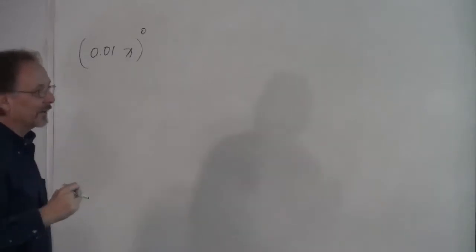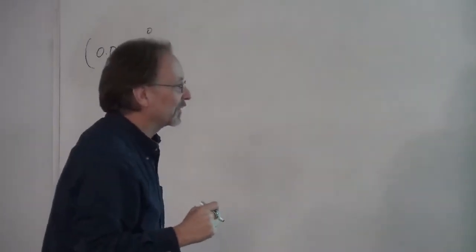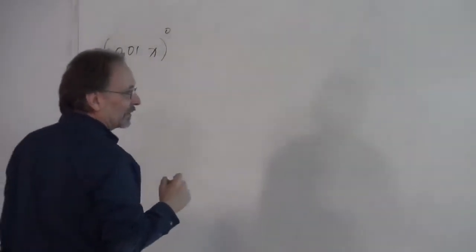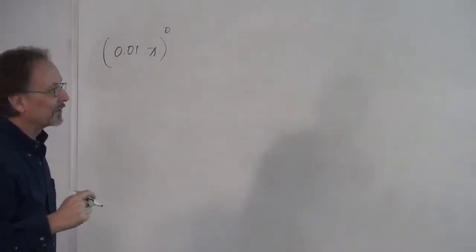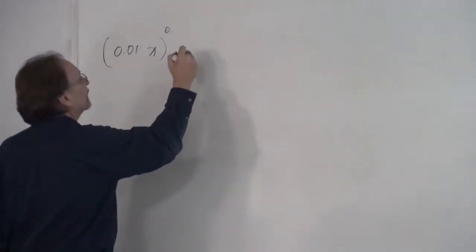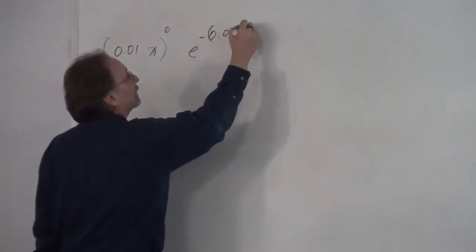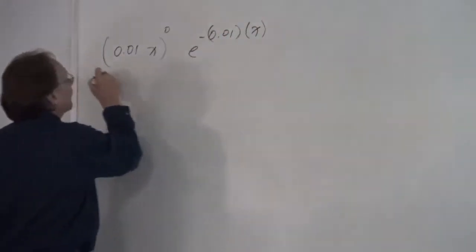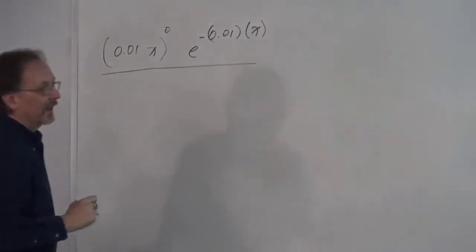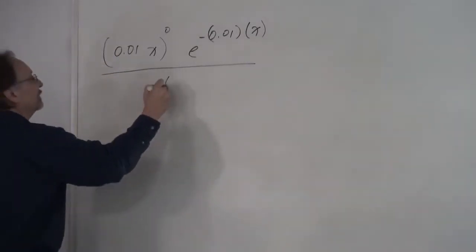I'm going to write it out, even though that goes obviously to 1. e to the minus 0.01 times x over k factorial, which is 0 factorial.